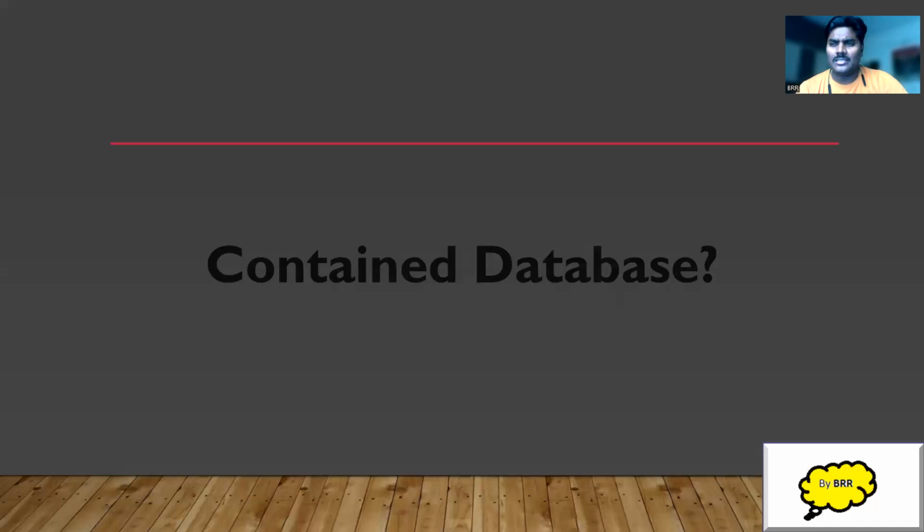Once you enable that, you create a database just like a normal database, using new database or restore database. Then you need to select the containment type. By default, it was none, which means it's an uncontained or non-contained database. If you want to create the current database as a contained database, you have to specify the containment type as partial.